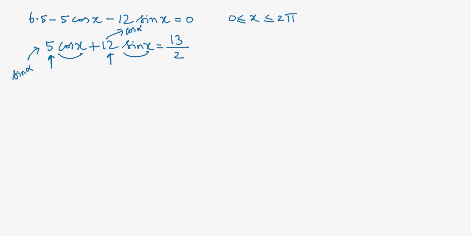Then we can put all of them together as sine of alpha plus x. Do you get that? But definitely the alpha should be connected to the numbers 5 and 12.